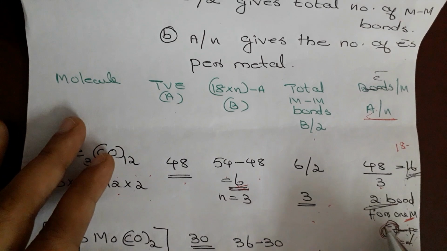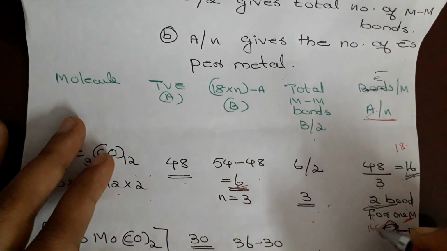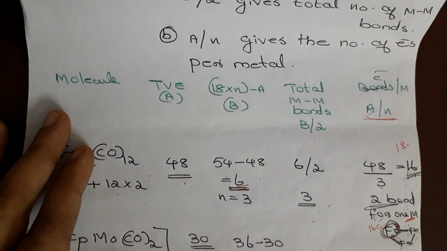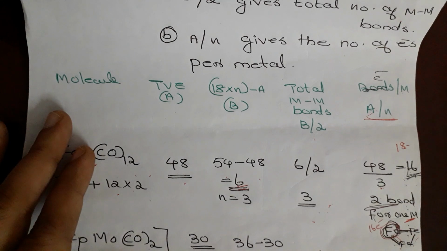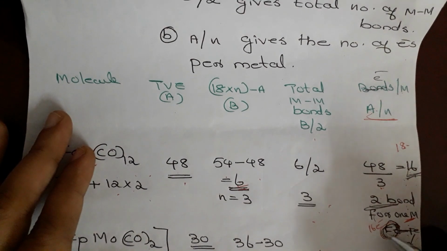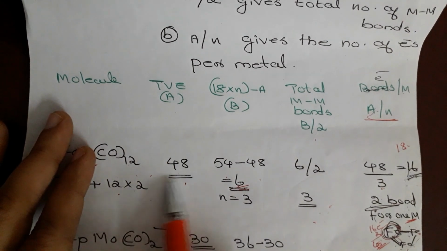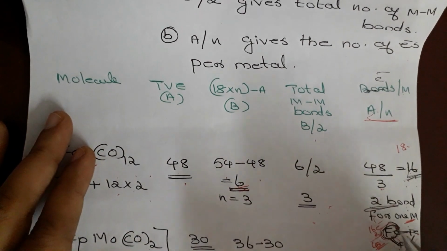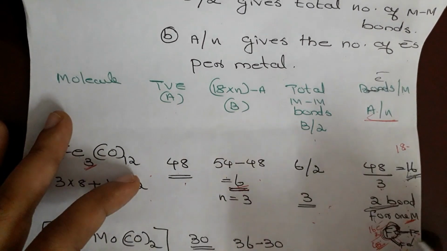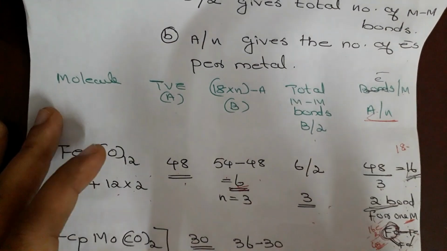Each metal carries 16 electrons, so 16 into 3 is 48, the total valence electrons. So 3 metal atoms, 48; one metal, 16 electrons.